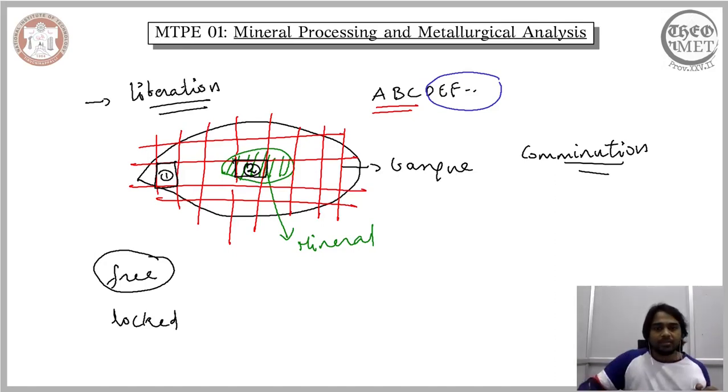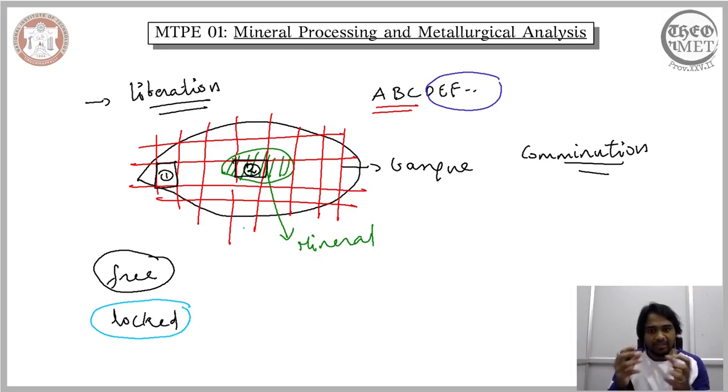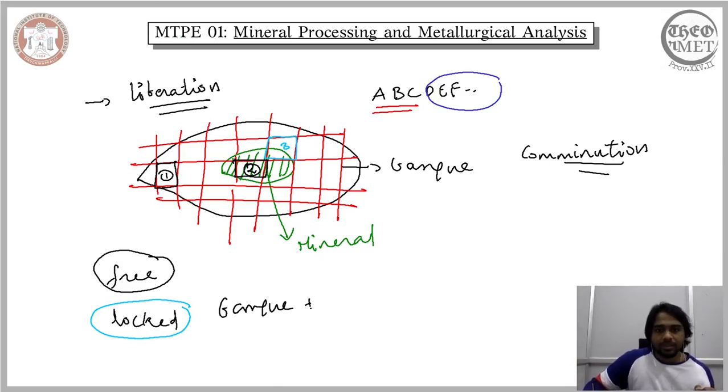Now the locked particles, so let me use a different color, blue. The locked particles are the particles that have a combination of both gangue and the mineral. An example of this is particle or fragment number 3, which comprises both gangue and mineral.